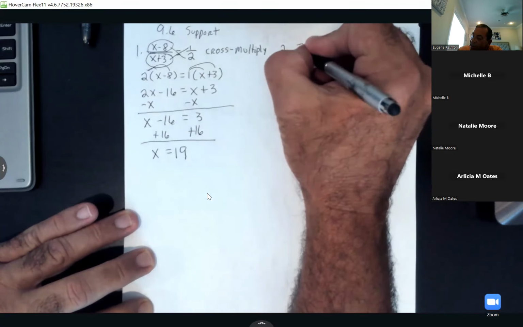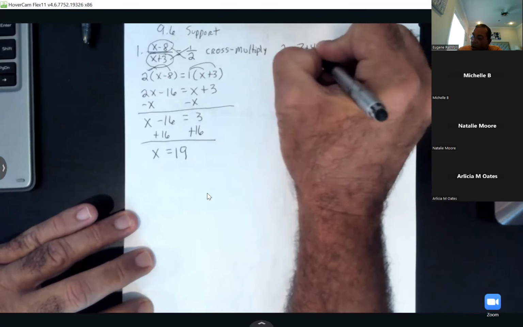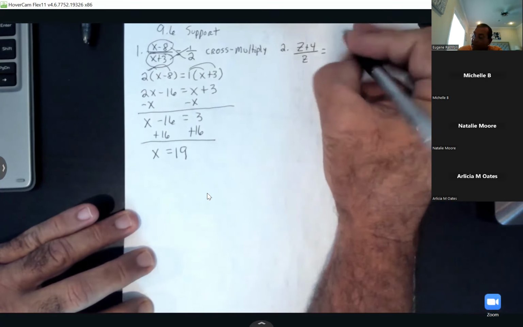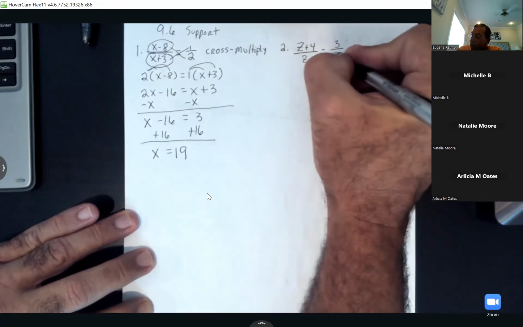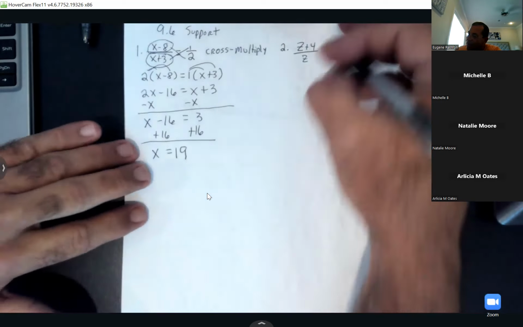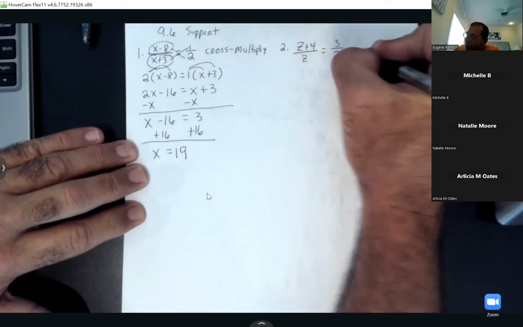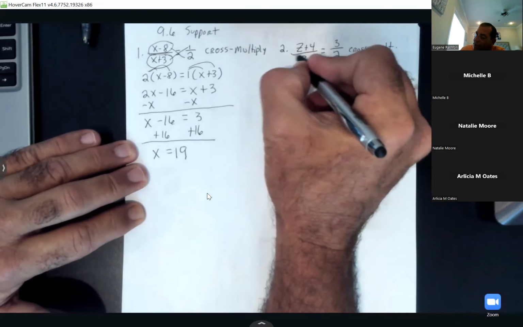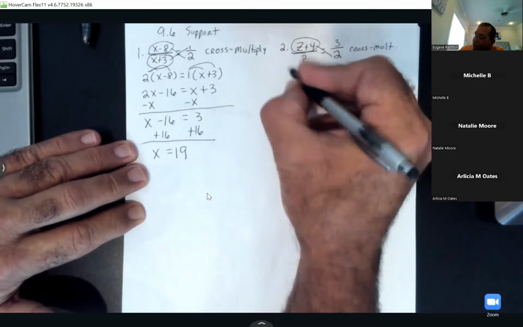So watch this. Z plus 4 over Z equals 3 over 2. So guess what? You're going to cross multiply this. So the Z plus 4 times the 2.